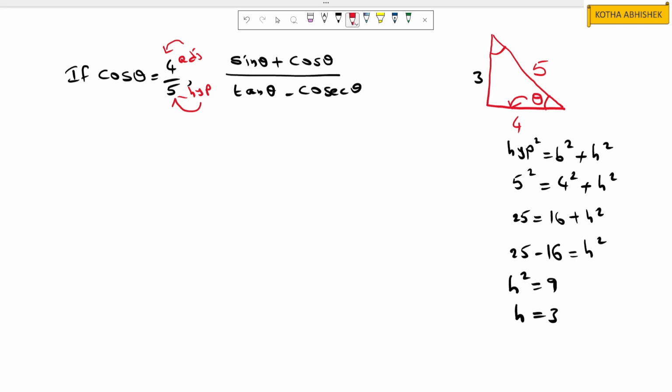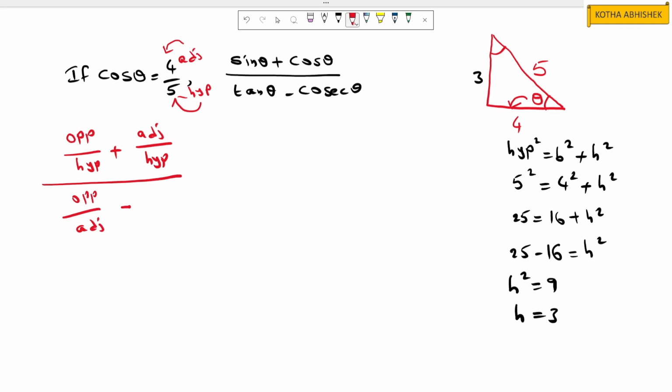Now it is asking us to find the value of sin theta plus cos theta by tan theta minus cosec theta, right? So first let us write the formulas. What is the formula for sin theta? Opposite to the theta divided by hypotenuse, plus cos theta, adjacent to the theta divided by hypotenuse, whole divided by tan theta, opposite to the theta divided by adjacent to the theta, minus cosec theta.